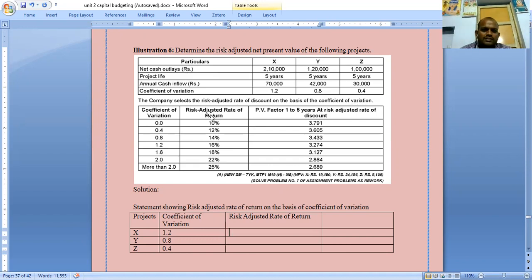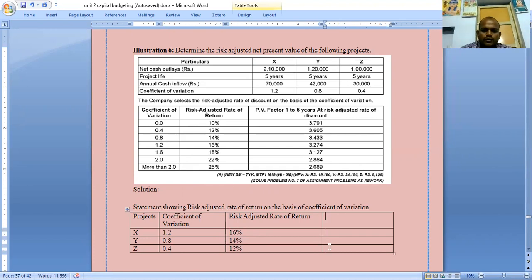It is already given: at 1.2 the risk-adjusted rate is 16 percent. At 0.8 it is 14 percent. At 0.4 it is 12 percent.